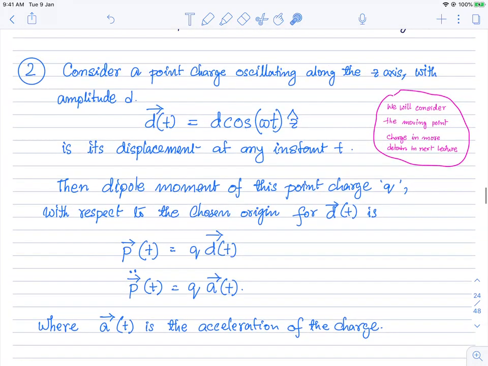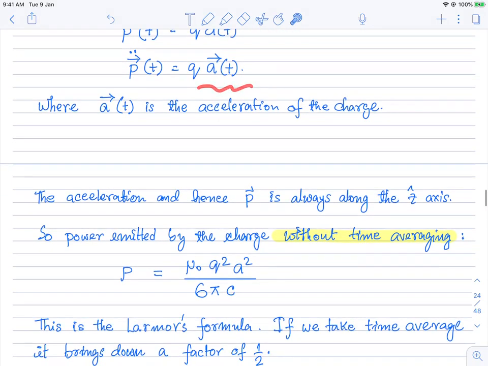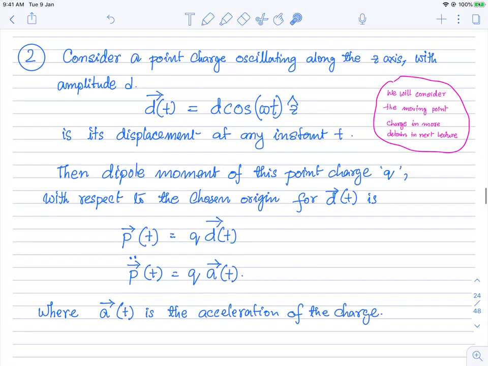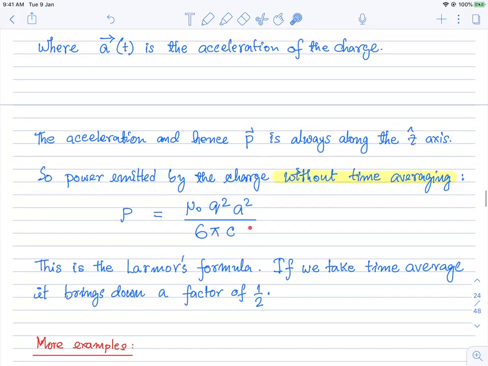So if the thing is really harmonic motion like this, then a will also be a harmonic function, and then a squared will be a harmonic function. It's a double derivative, so it's again going to be a cos. Now if you take the time average over this, you will get a factor of half, and that will make it 1 over 12.